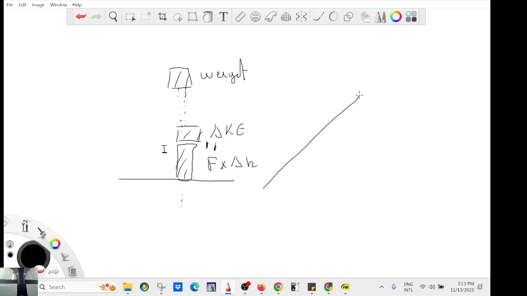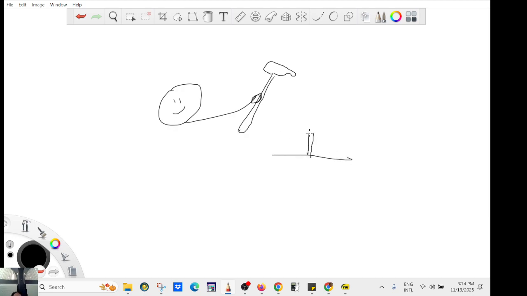Same thing with a hammer. Let's say you have a hammer here, and you have a nail. This is so bad. This is a hammer. I want to put a nail in some wood here, and I have no muscle.